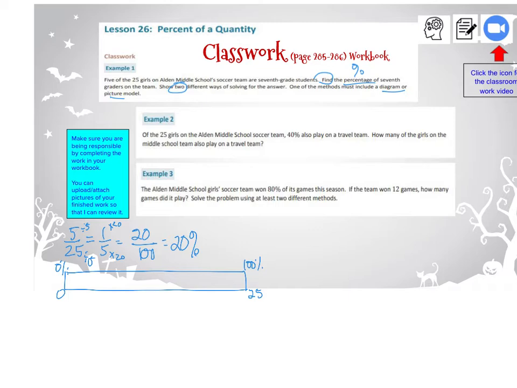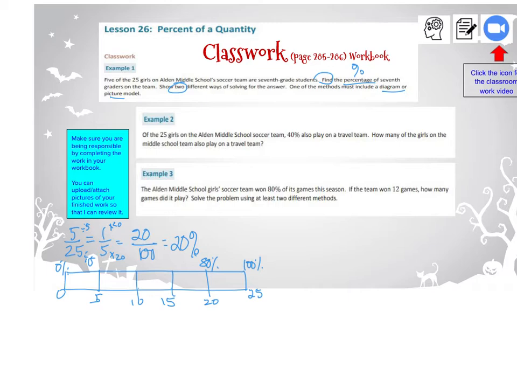So then I've got 20. So 20%, 40, 60, 80%. I won't write all of them in there, but that's what I know as far as the percents. And then if I have 25 and I divide it into 5 sections, I know each of these is going to be valued at 5, 5, 10, 15, 20, and 25.